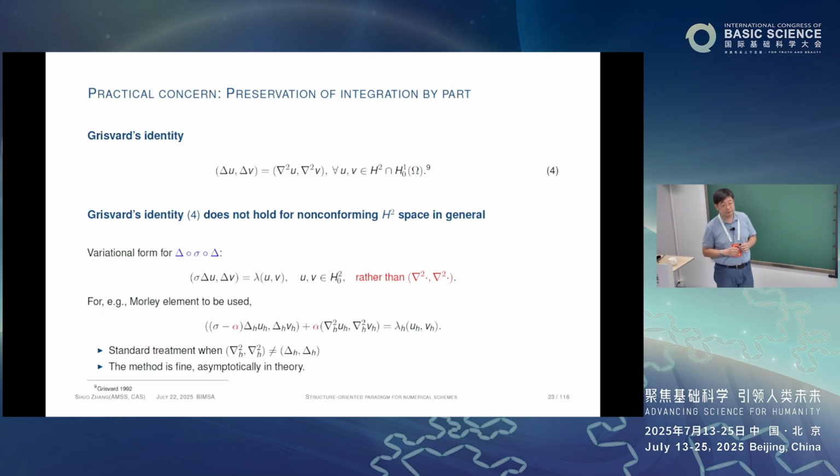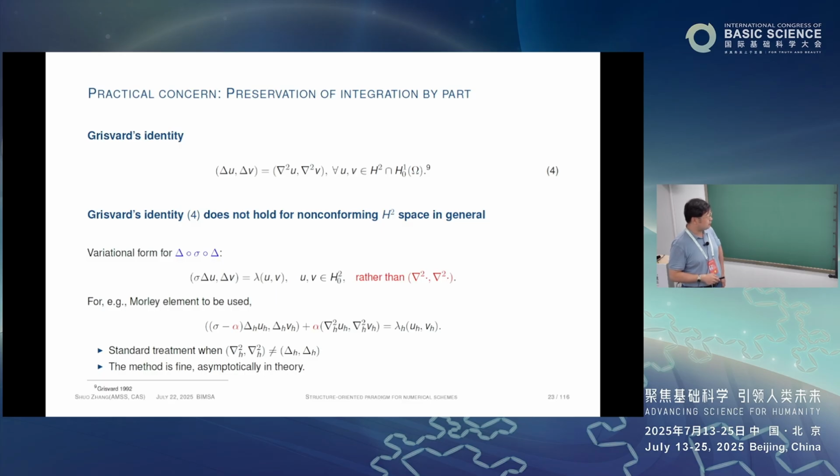This is very fundamental. However, this identity does not hold for non-conforming ones. For example, if we use Morley's element, this identity is not true, and this piecewise Laplacian inner product is not coercive.